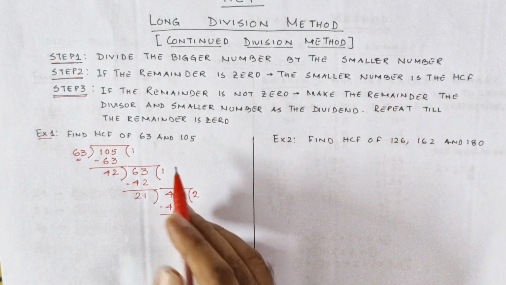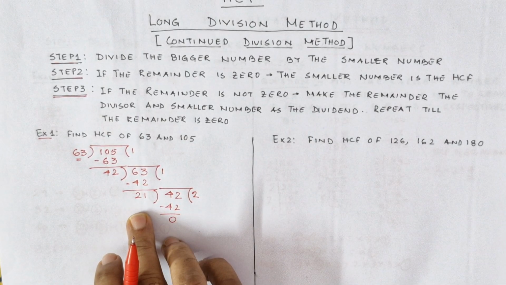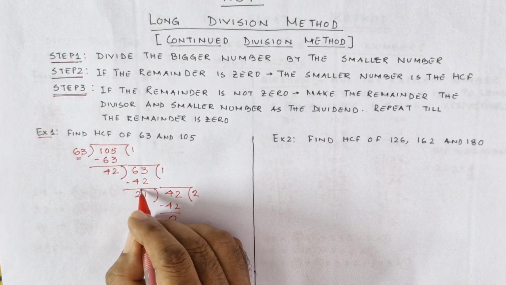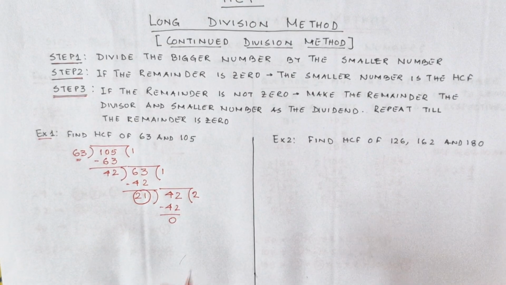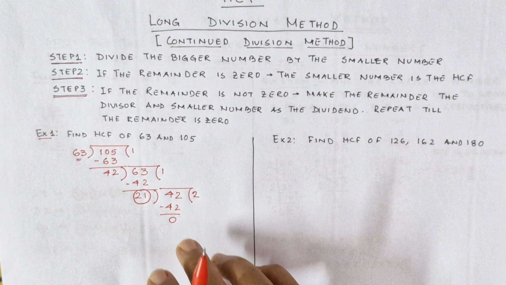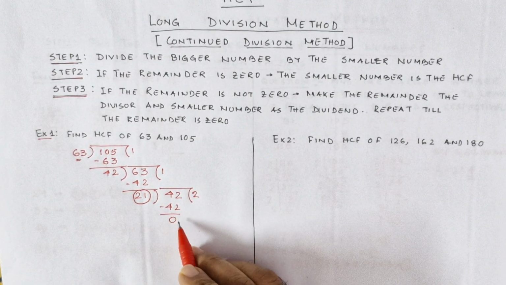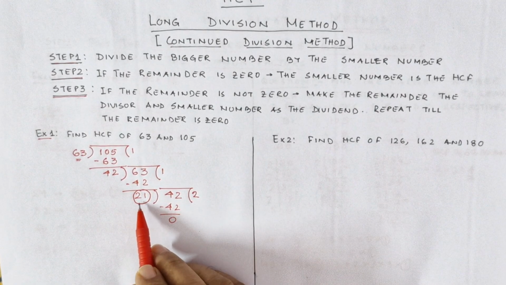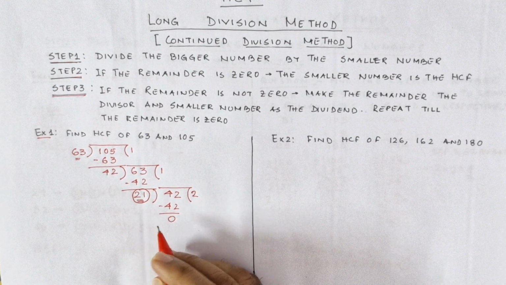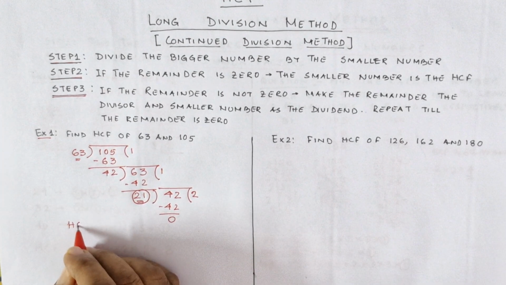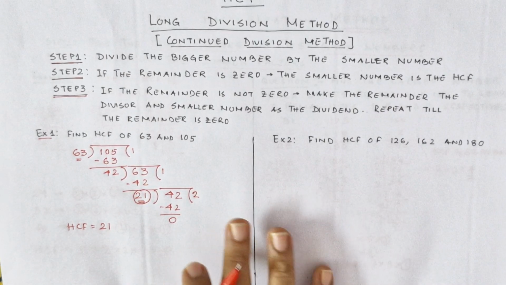We stop, and the last divisor will be the HCF. At the point where the remainder is 0, look at the last divisor. So your HCF is 21. Very simple rule.